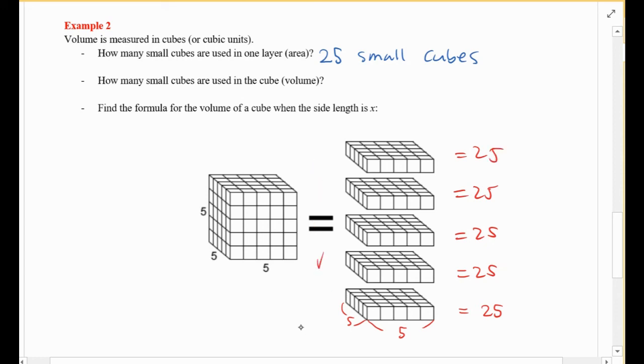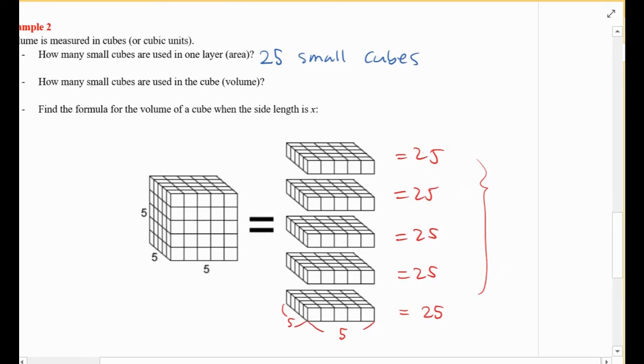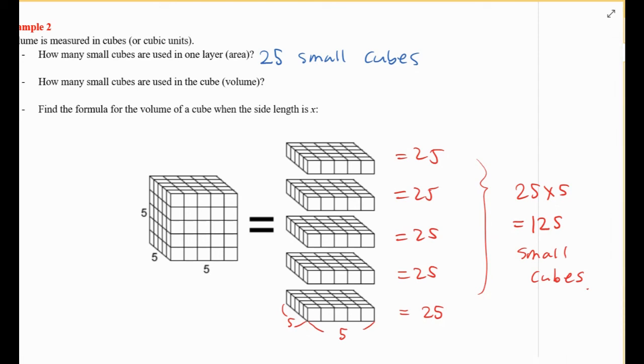Is that right? So you have 25 in each of 5 layers. In total, you have 25 times 5. That is 125 small cubes. Right? So in total, 125 small cubes.